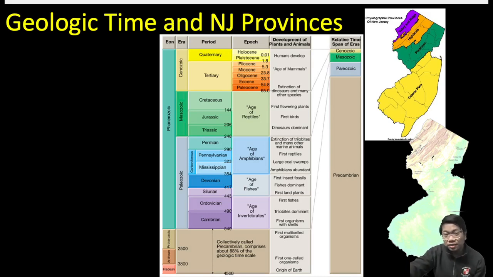What's interesting about the geology of New Jersey is that it covers a wide range within the time scale of geology. So let's take a look at that. This is the geologic time scale right here.